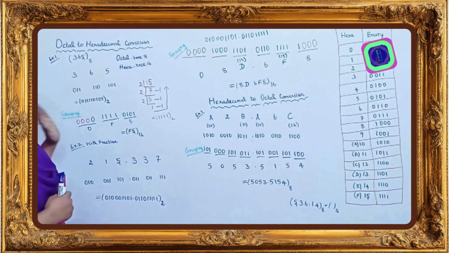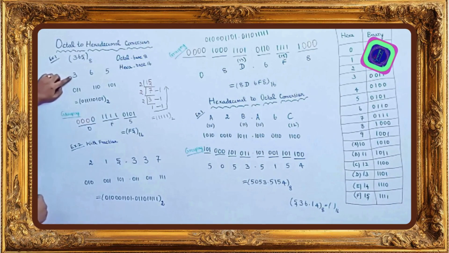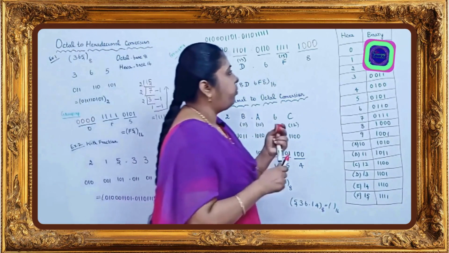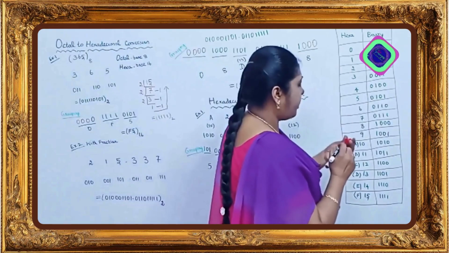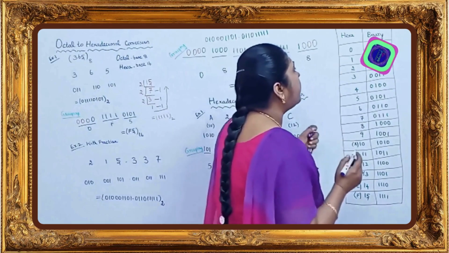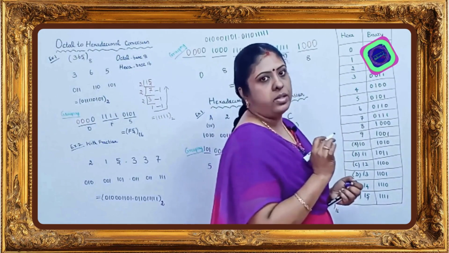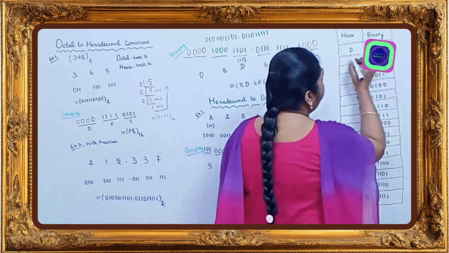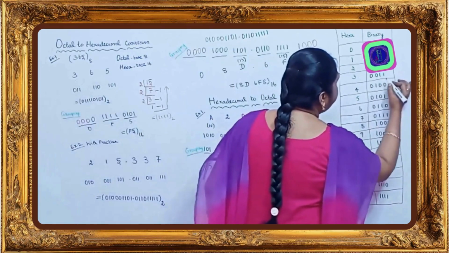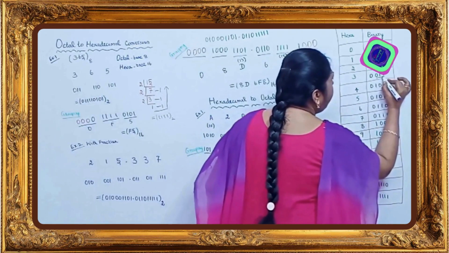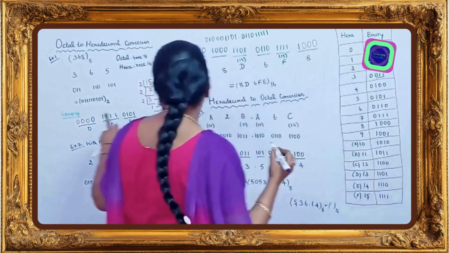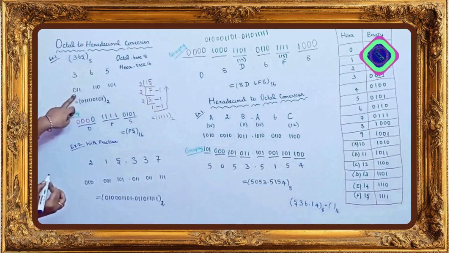Consider the table. Here the hexa value is given and the concerned binary value is given. For octal, only 3 binary digits have to be used. So for 3, here it is given as 0011. We want only 3 binary digits, so it is represented as 011.